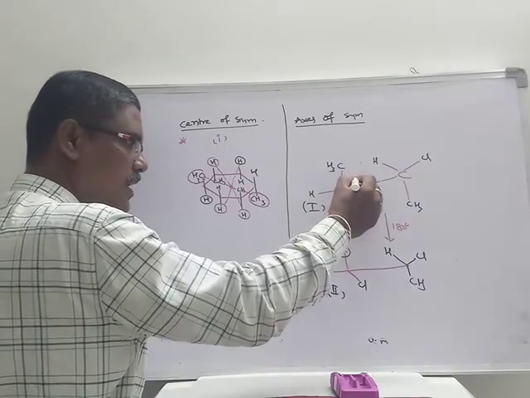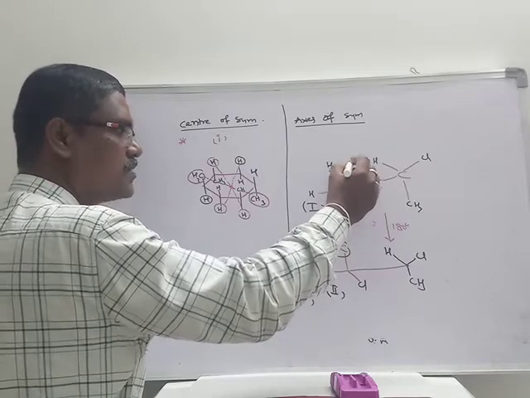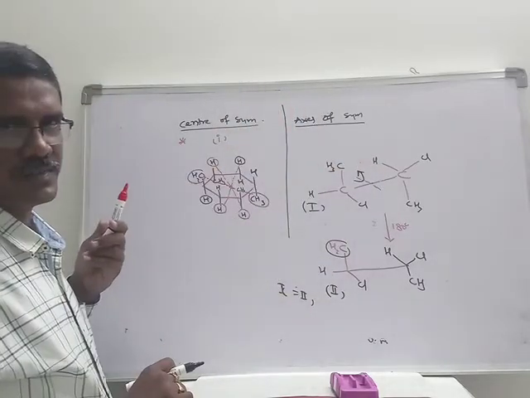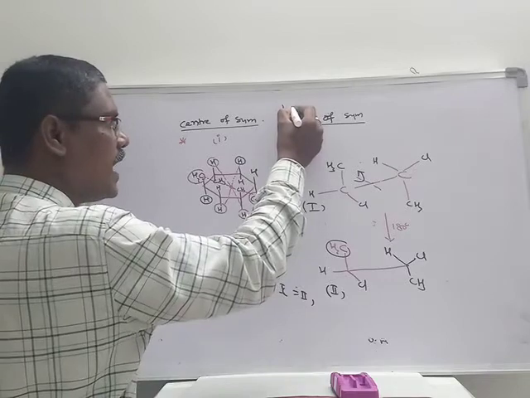Then this imaginary rotation axis is called the axis of symmetry, called the Cn axis of symmetry.